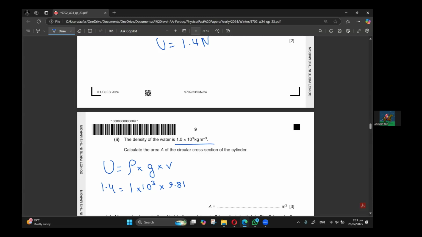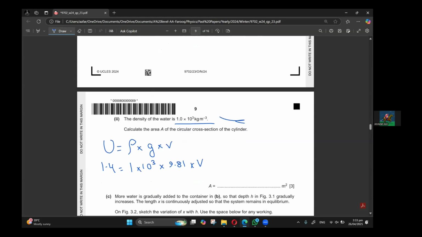Let's first calculate volume. Volume we get 0.000142 meter cube.